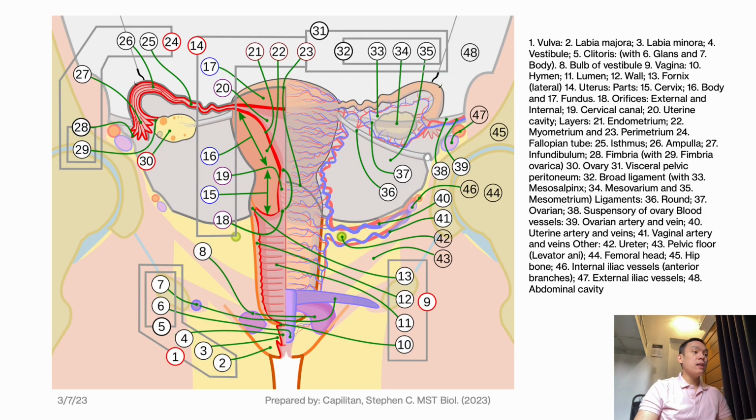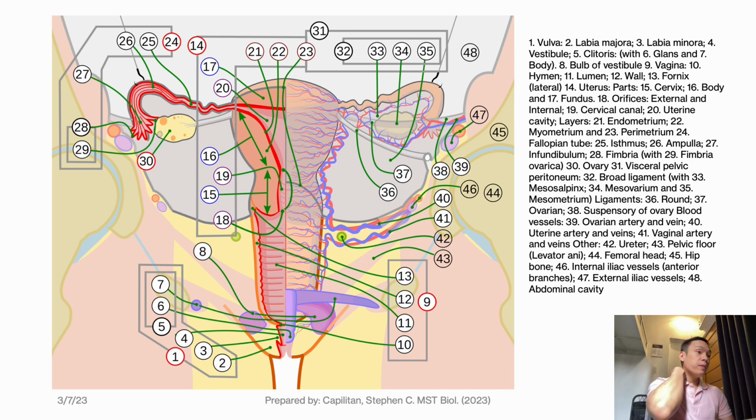Here is just a snippet of the internal and external parts of your female reproductive organs. We can see here, in number 34, the mesovarium. We have your different arteries and veins.